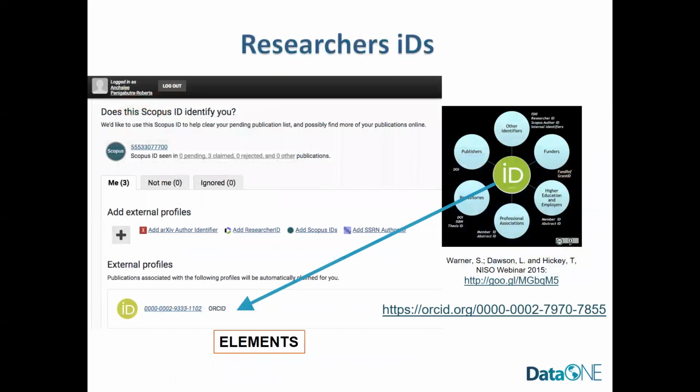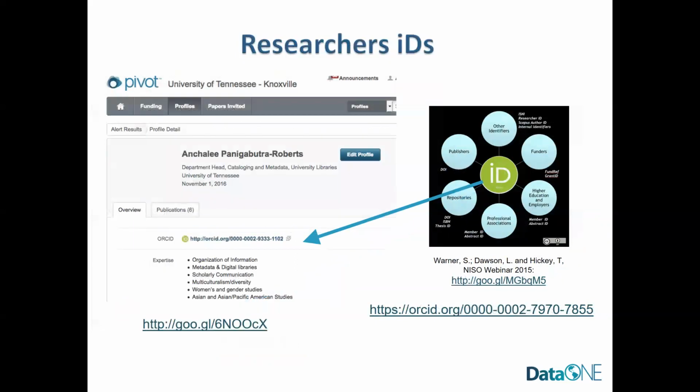Creating your ORCID ID to add to your dataset, metadata, and publication would also facilitate linking and sharing of your dataset information with Element, which is the faculty evaluation portfolio at UTK, and also the funding database that we have here called Pivot. Once you create the ORCID ID and your Pivot profile for funding opportunities, anytime you update your citation in ORCID, it will also automatically update your publication information in Pivot.